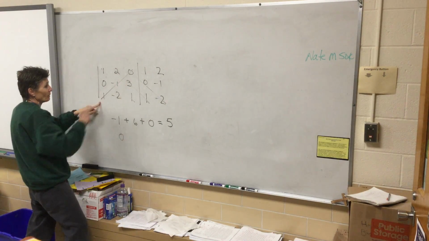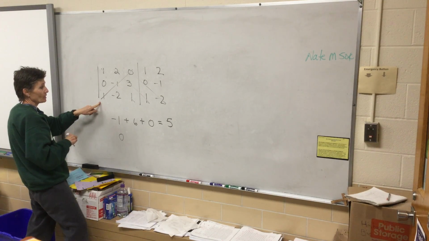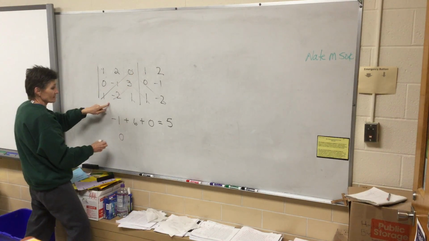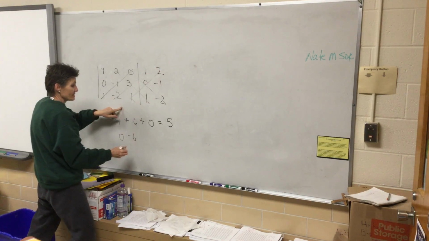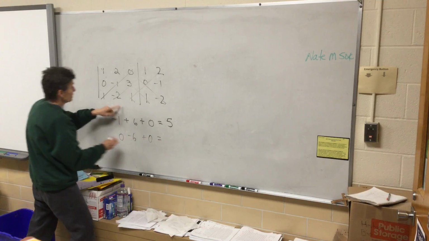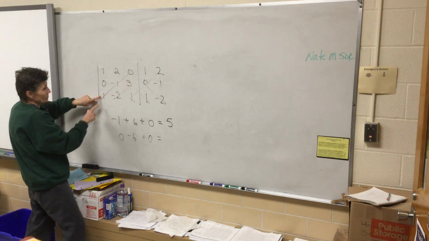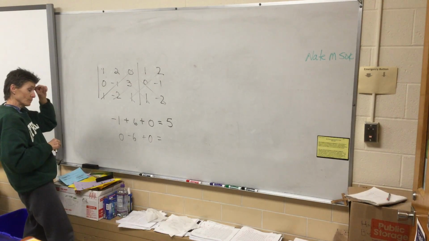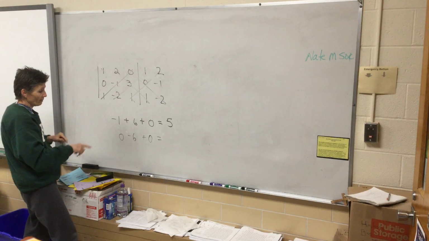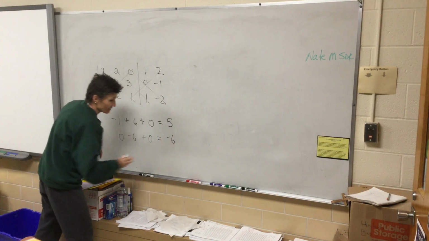Remember, anytime you multiply by 0, you're going to get 0. Multiply these, negative 6. And multiply these, 0. So I got a 0, a negative 6, and a 0. Total them up. Oh, that's easy. That's negative 6.